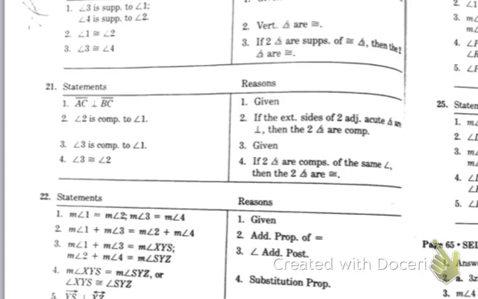Honestly, if I was on a test, I probably wouldn't think to go to 2-6. I would just say angle 2 plus angle 1 equals 90 degrees, definition of perpendicular lines, and then I could say they are complementary by definition of complementary.